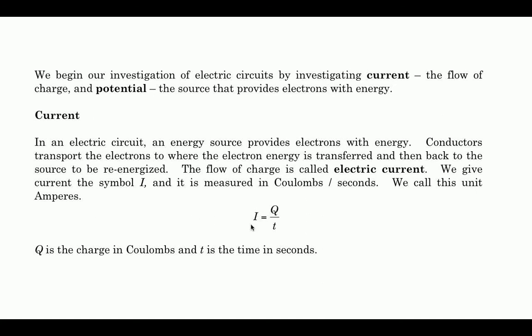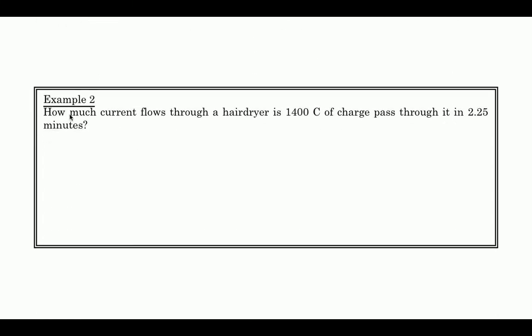Current is given the symbol I, and its measure is charge per second. So electric current is coulombs per second, and those are the units we look at to define current. How much current flows through a hairdryer if 1,400 coulombs of charge pass through it in 2.25 minutes?